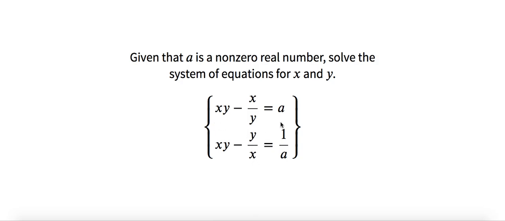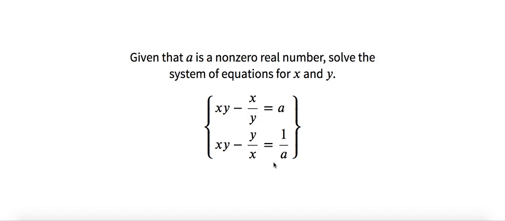For the first equation, both x and a are not equal to 0. y minus 1 over y is not equal to 0, meaning that y is not equal to 1 or minus 1.